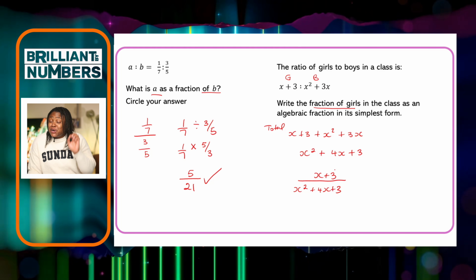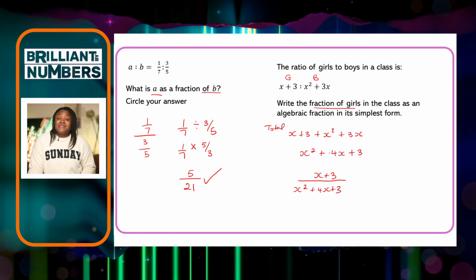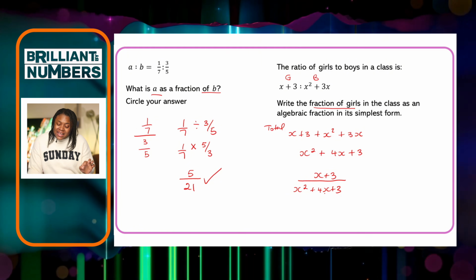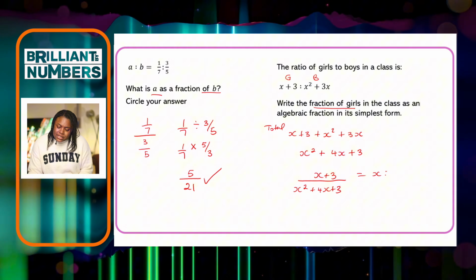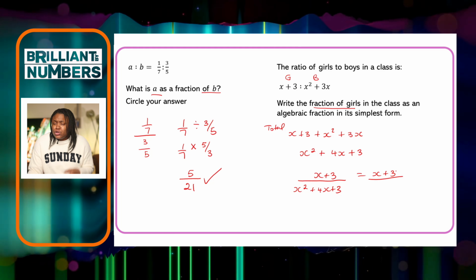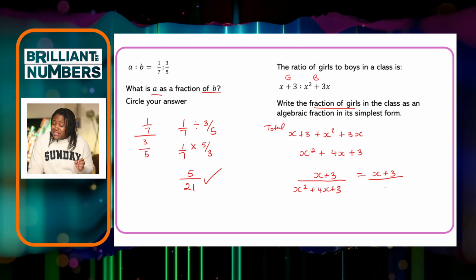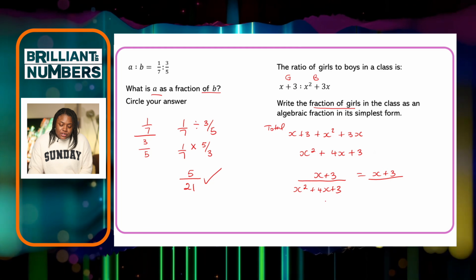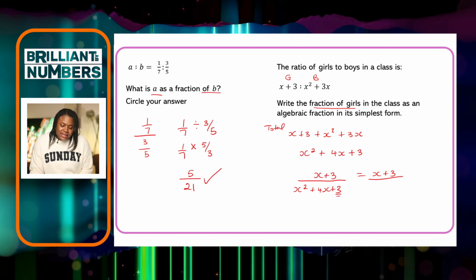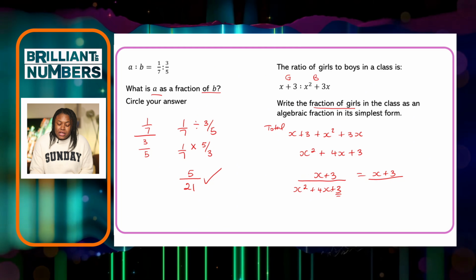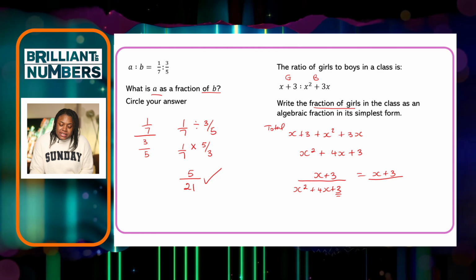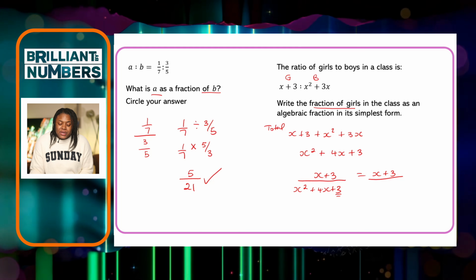I hope you learned from part 1 in algebraic fractions that we have to factorize the denominator here. So this will be equal to x plus 3 for the numerator. We know we're going to have an x plus 3 in the denominator as well. So we need 2 factors of 3 that add to 4, that's 1 and 3. So 1 times 3 is 3, and 1 plus 3 is 4.